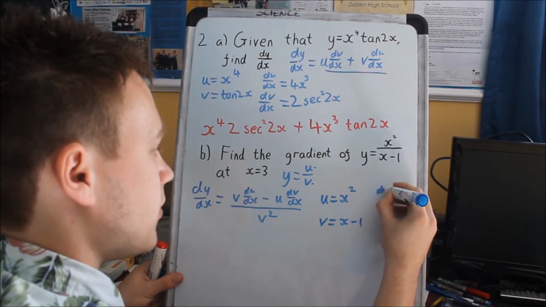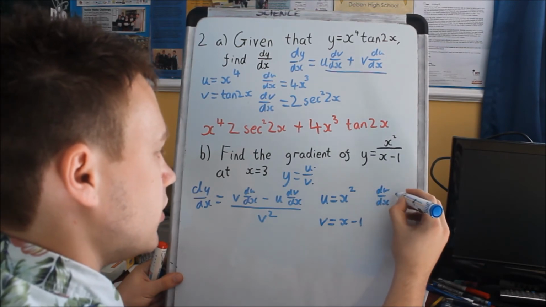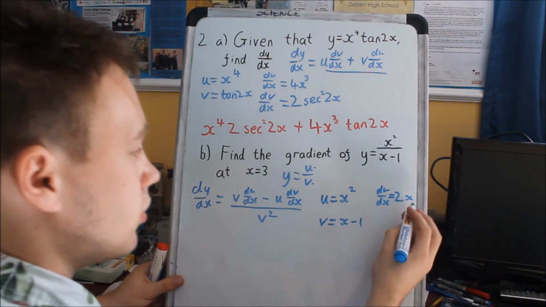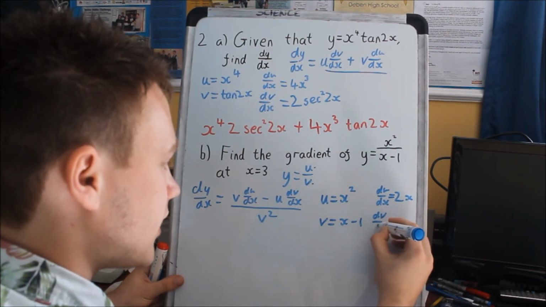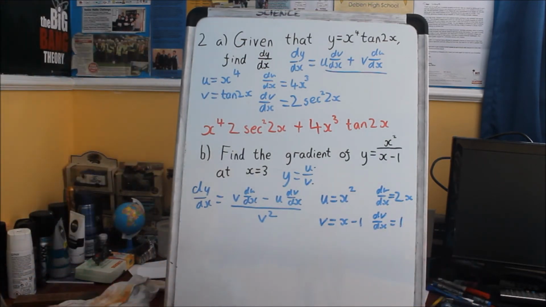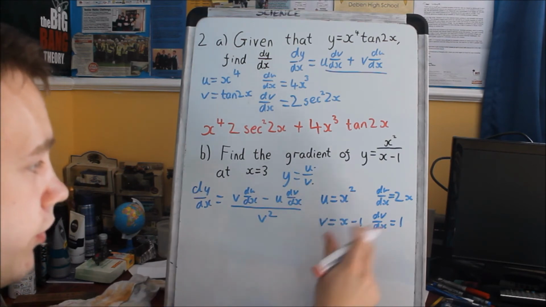Then we differentiate them both. du by dx therefore must be 2x from our core 1, and dv by dx is 1 from our core 1 differentiation. Now we can go ahead and apply the formula, because we have all four things.